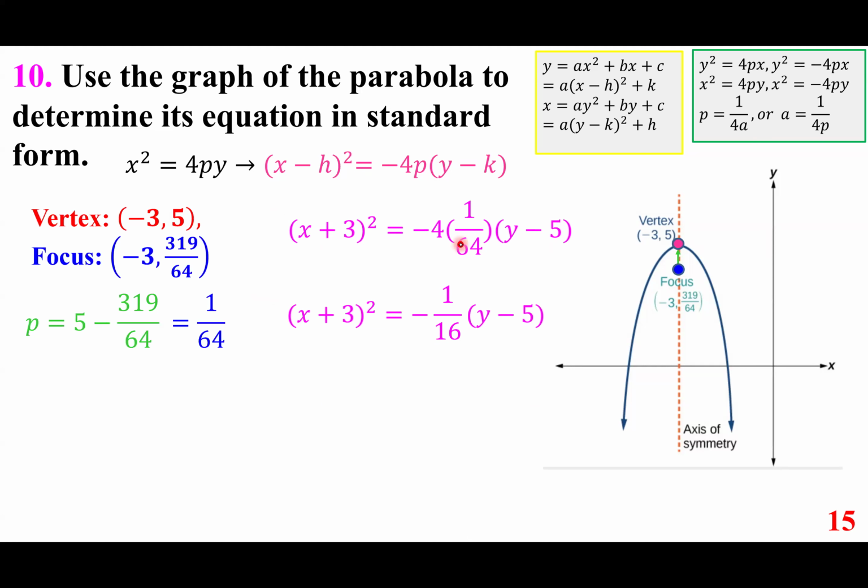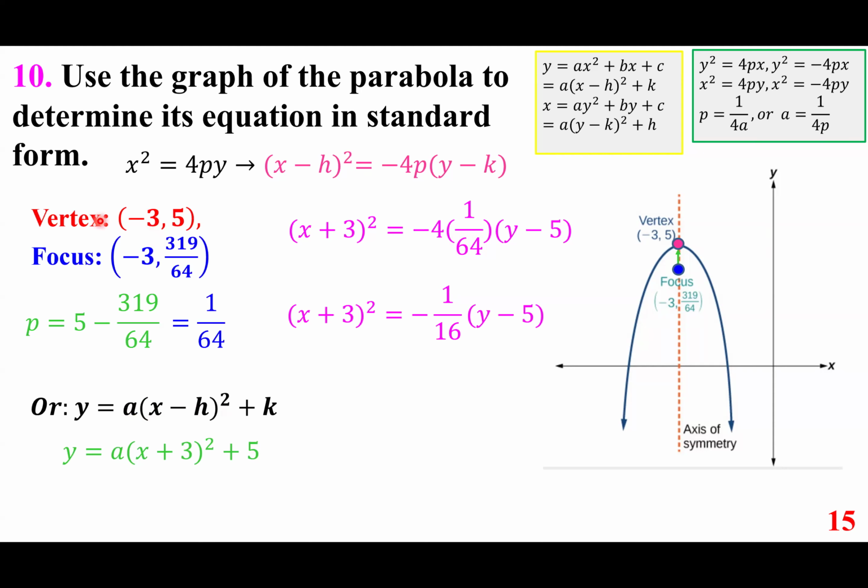And we are done. I just want to remind you of the other method that we have discussed. y is a times x minus h quantity squared plus k. We have the vertex. So a times x minus minus 3, plus 3 quantity squared plus 5.